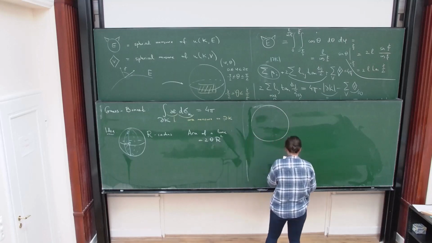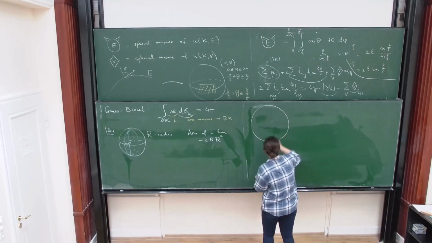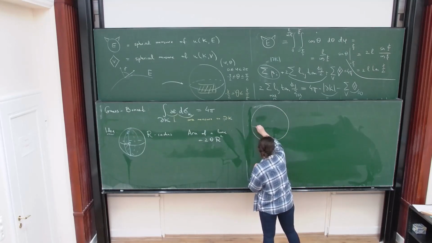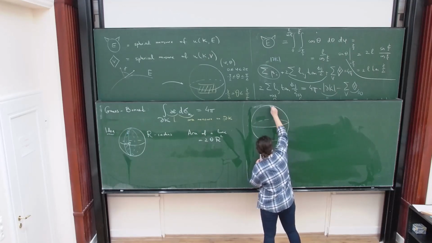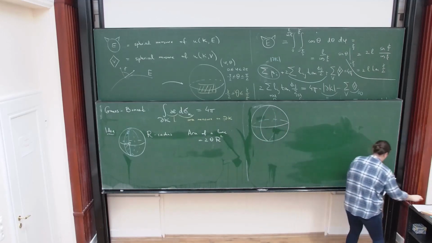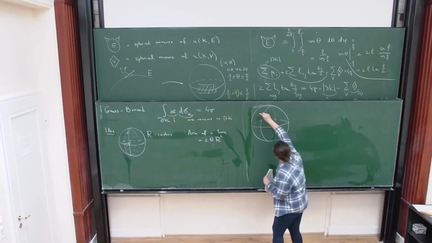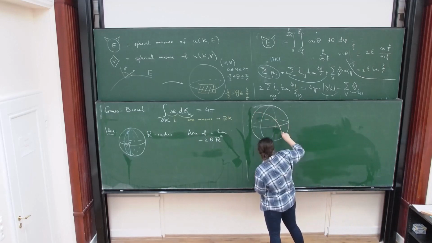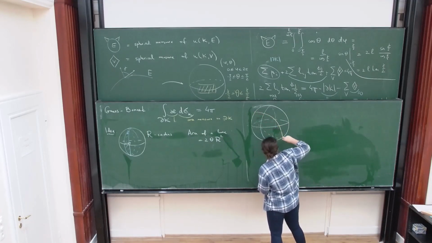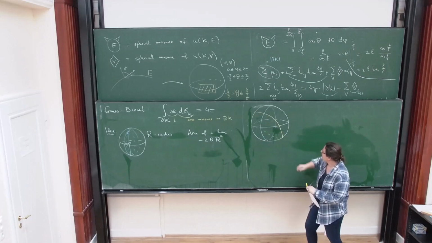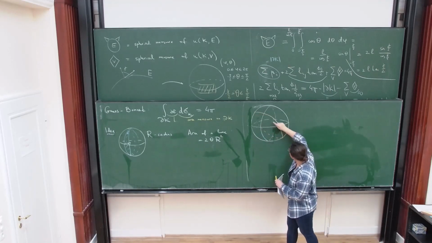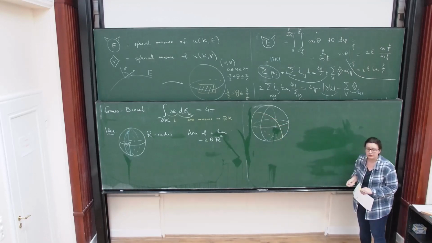Let's say that this is one, this is another, and also this one. Okay. So I have the triangle here that is bounded by the blue, white, and yellow big circles, okay?